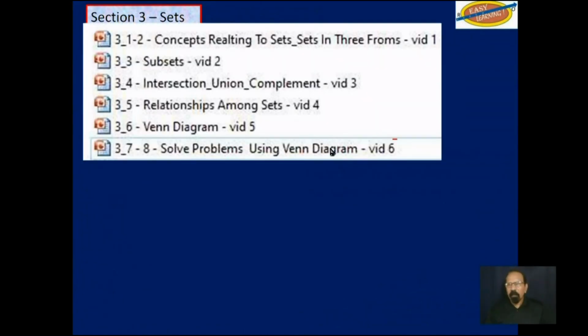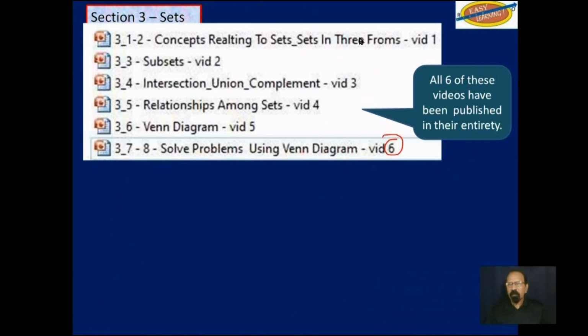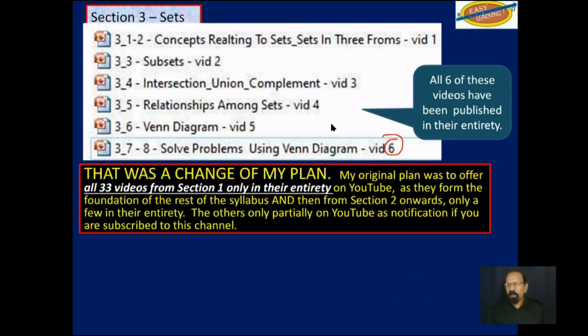And then these 6, which was a change of my plan. My original plan was to offer only the 33 videos from Section 1 in their entirety on YouTube, as they form the foundation on which the rest of the syllabus is based. And then subsequent to that, from Section 2 onwards, only a few of the videos would be offered on YouTube in their entirety.